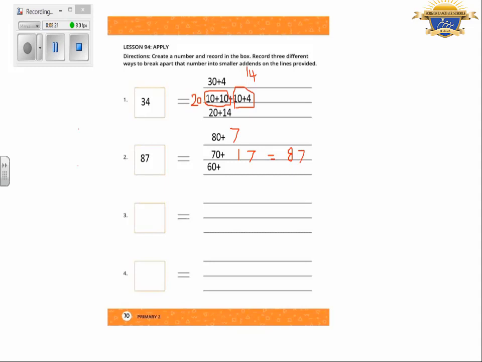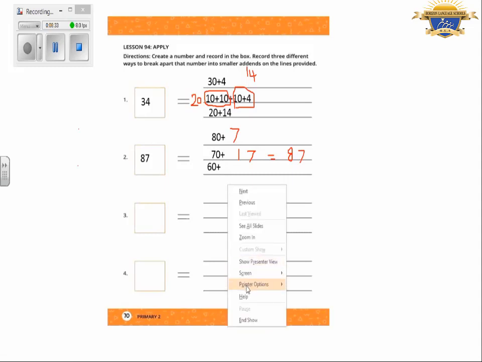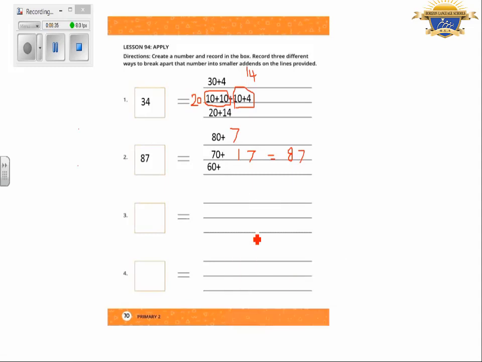Excellent, I will add them to the ones column. So at first I have here 7 in ones. So 7 plus 20 equal, excellent, 27. So the third way is 60 plus 27.